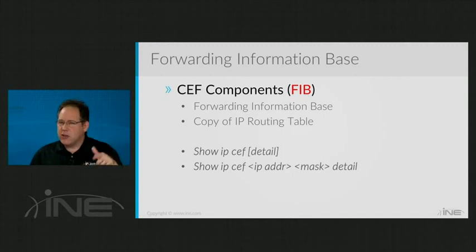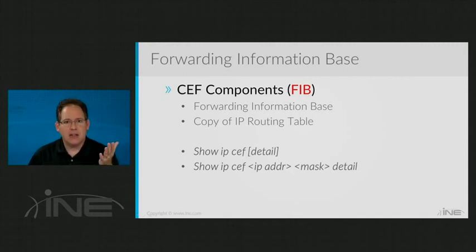But there's also stuff related to that route in the routing table that we don't need as far as packet forwarding. For example, the administrative distance of how that route was learned. We don't really need that as far as forwarding a packet. The metric, like the OSPF cost or the EIGRP distance, that's useful for the routing protocol, but we don't really need that for routing packets.